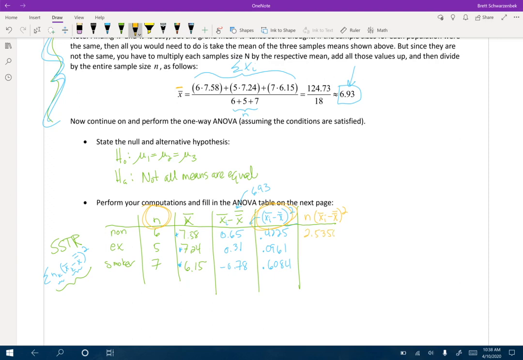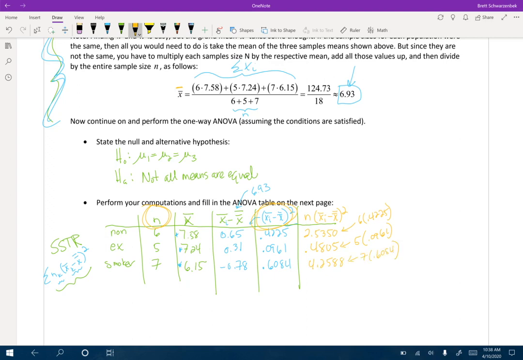Our next value is 0.4805. We get this by multiplying 5 times 0.0961. And our last value is 7 times 0.6084, which is 4.2588.